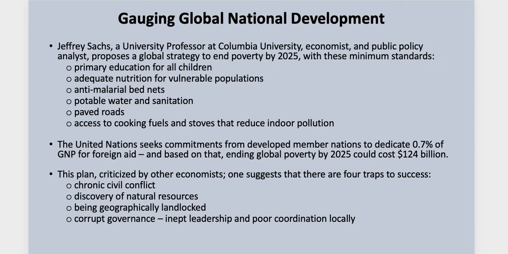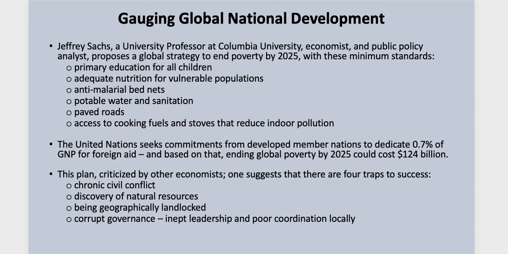Primary education for all children, adequate nutrition for all vulnerable populations, anti-malarial bed nets. There's some criticism about that because those things wind up getting swiped in delivery and then get sold in the black market for other purposes and things like this. But the idea is to cut down on malaria, which is a major problem in Africa, I believe in particular.